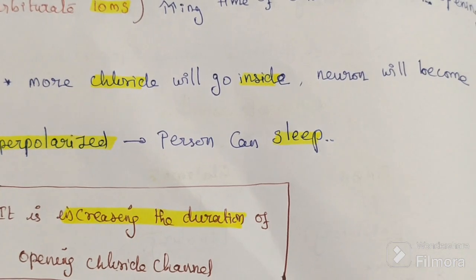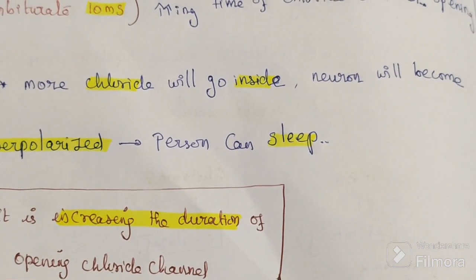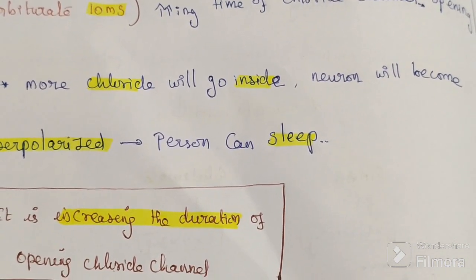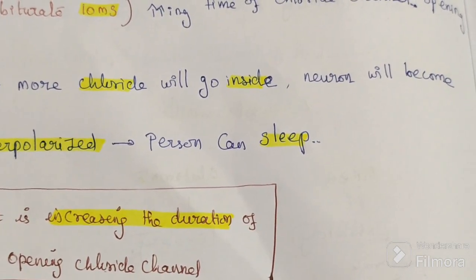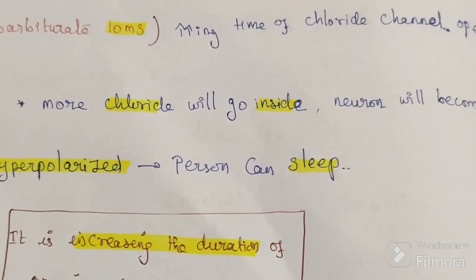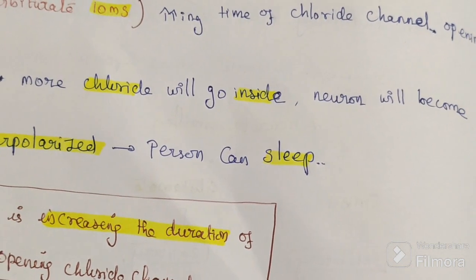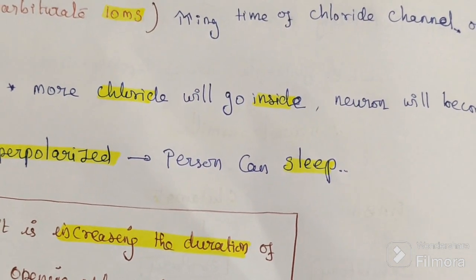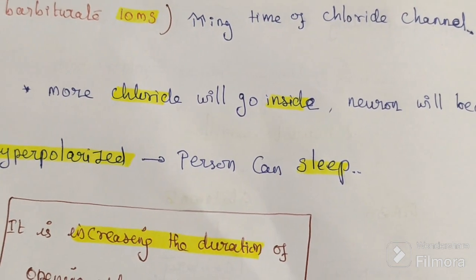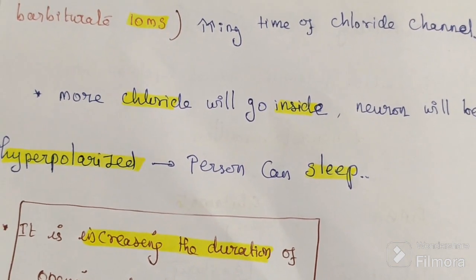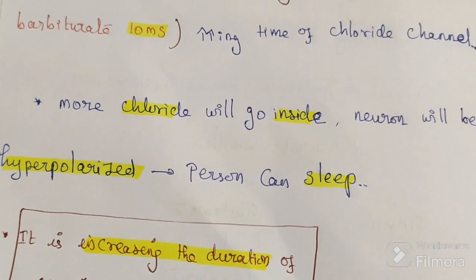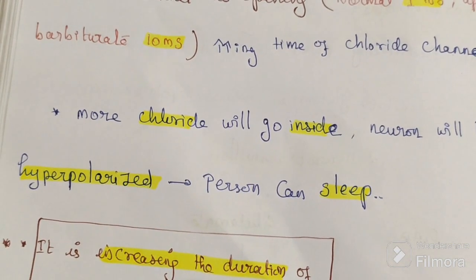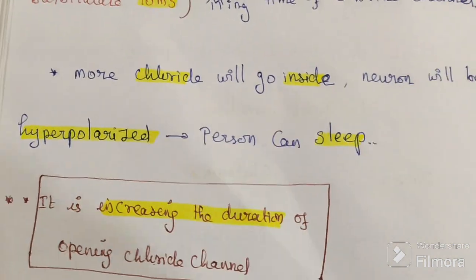So basically it is an augmenting function of inherent GABA. Barbiturate is just increasing GABA for more time. It is not itself opening, it increases the GABA facilitatory action.